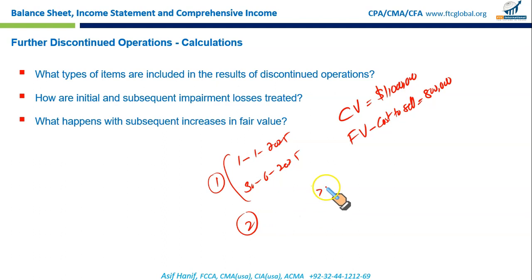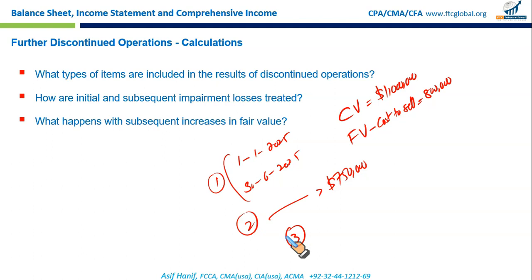Let us assume that we dispose of this segment for $750,000. So the carrying value was 1 million. We are disposing it off at 750. So this clearly shows that there is a loss. And the third component we will discuss in detail further, the impairment loss and any subsequent fair value adjustments.